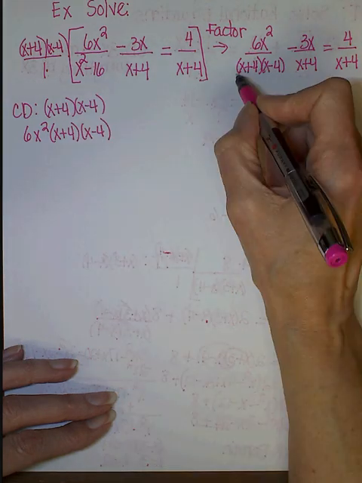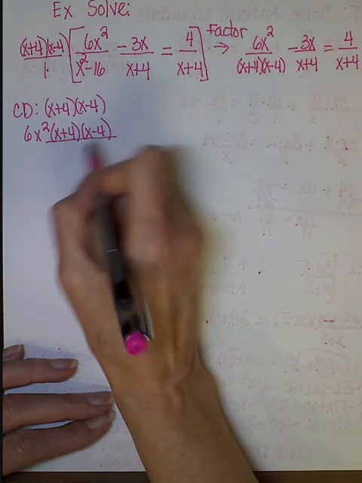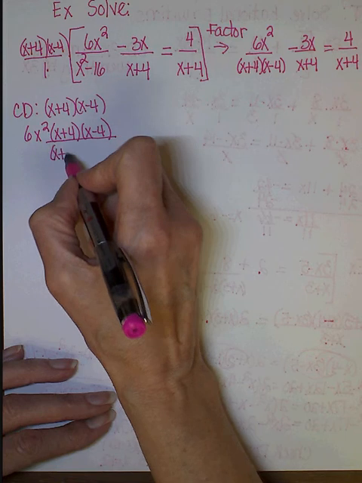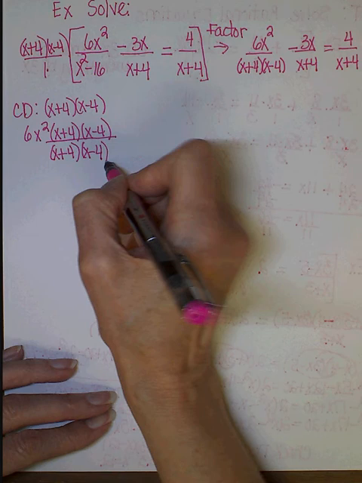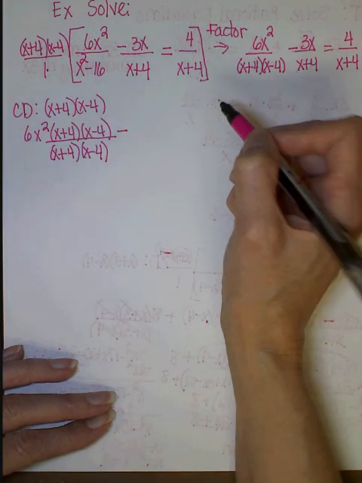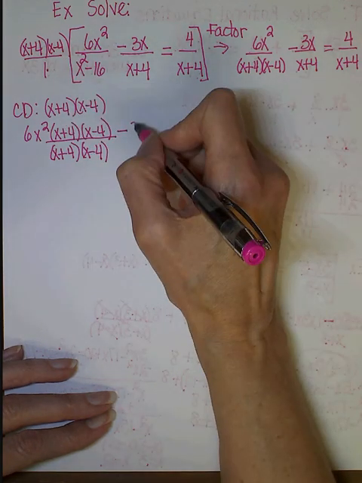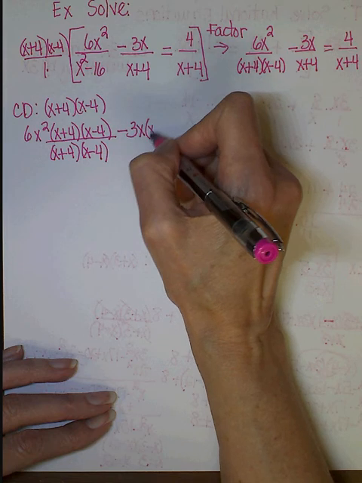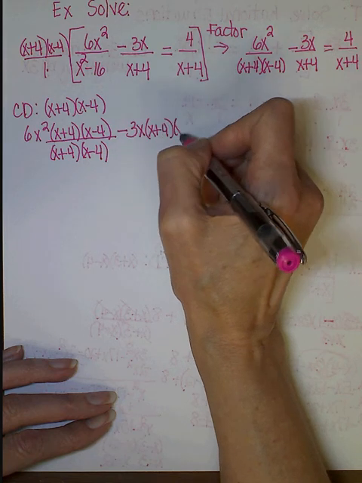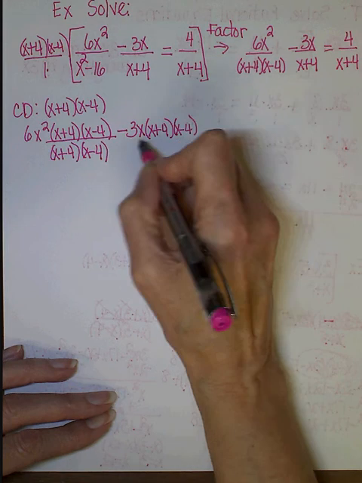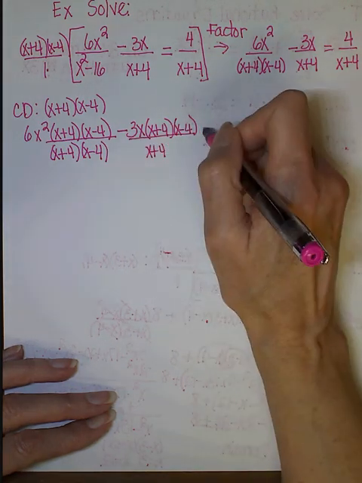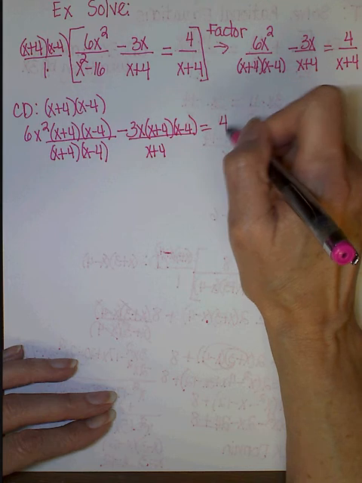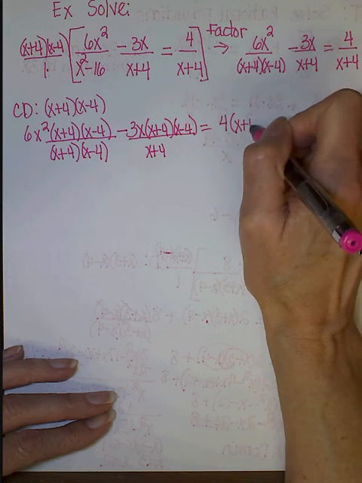And then let's use this factored form over here, because then we will see what's going to reduce out. And then now I'm going to multiply this one. So x plus 4, x minus 4, all over x plus 4. Okay, and then 4 times all of that.